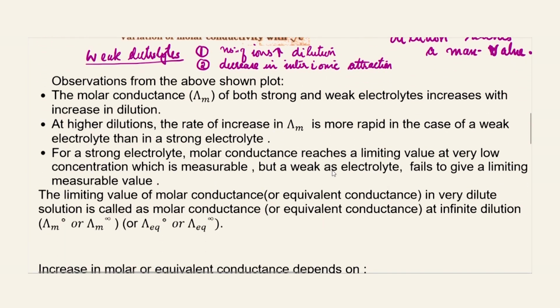Molar conductance of both strong and weak electrolytes increases with increase in dilution, that is for sure. Now, at higher dilutions, the rate of increase of lambda m, that is the molar conductance, is more rapid in the case of a weak electrolyte than in a strong electrolyte.